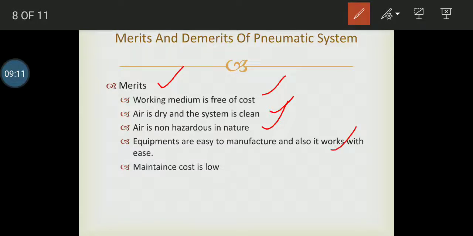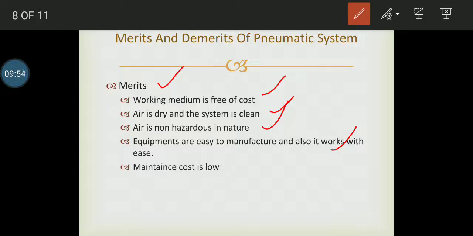Equipment of a pneumatic system is very easy to manufacture as compared to a hydraulic system, because in a pneumatic system we are going to create small-sized equipment. A hydraulic system creates a lot more pressure, so we have to make detailed and precise, dimensionally accurate equipment, because the pressure is very high.